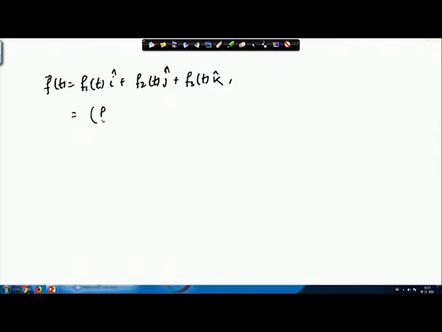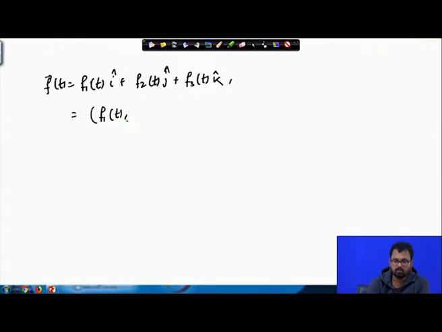We can write (f1(t), f2(t), f3(t)), like a point in 3 dimensions, or we can simply write (f1, f2, f3).